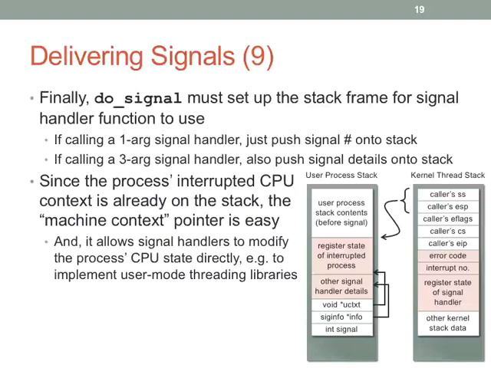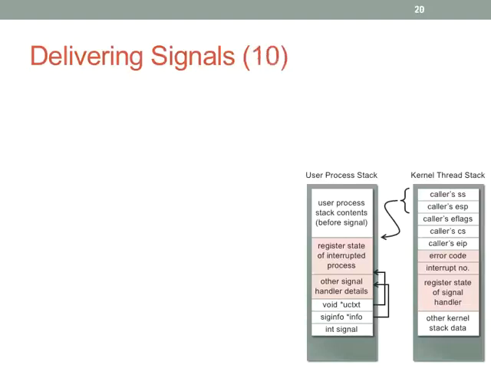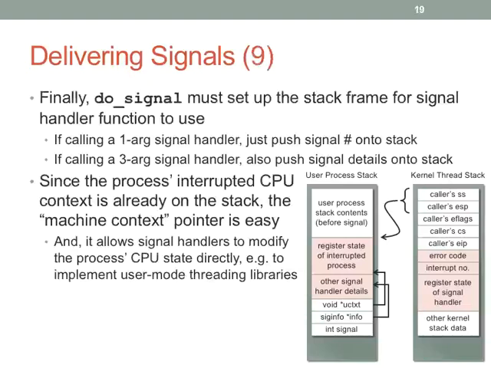So we can just put pointers to those things into the sig action handler frame, the arguments, and then it can access that stuff. Let me see if there was anything else I wanted to say about that. So this is how signal handlers are actually able to modify the process machine context in the signal handler, and then when it returns, it all gets restored by the kernel. It's pretty clever.